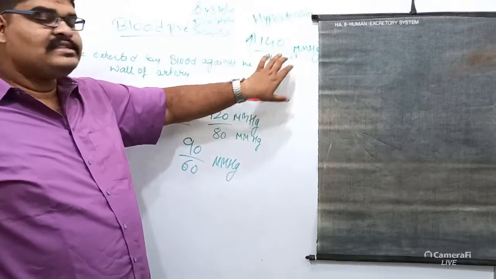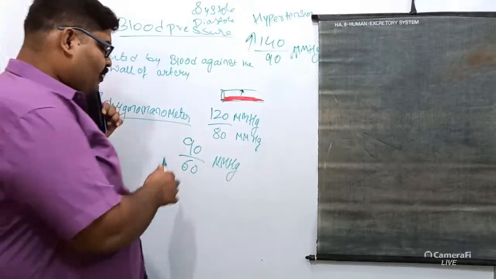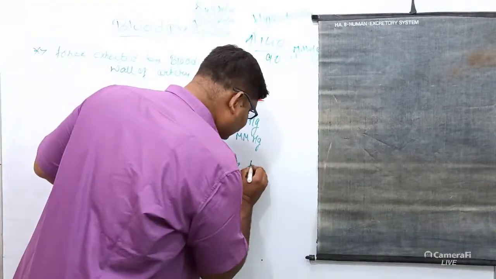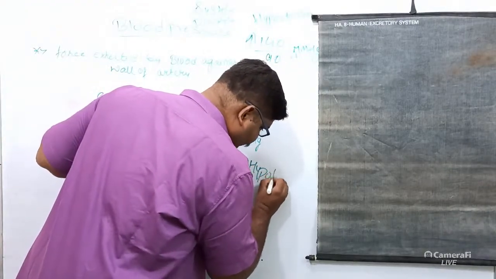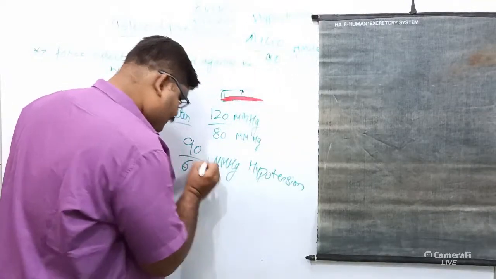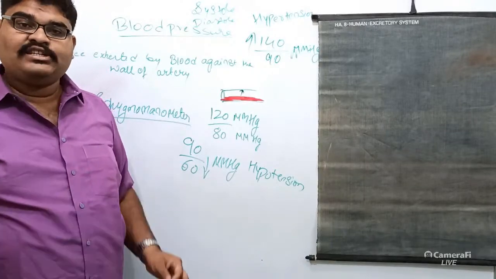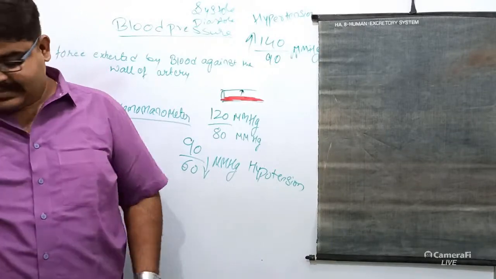Above 140 by 90 is hypertension, and below 90 by 60 is hypotension.